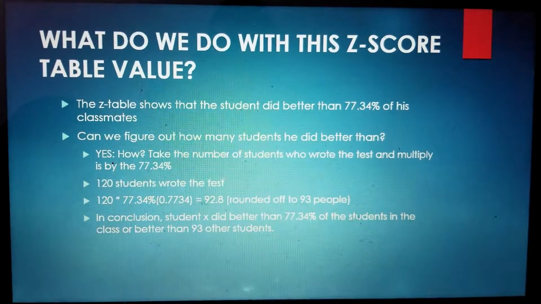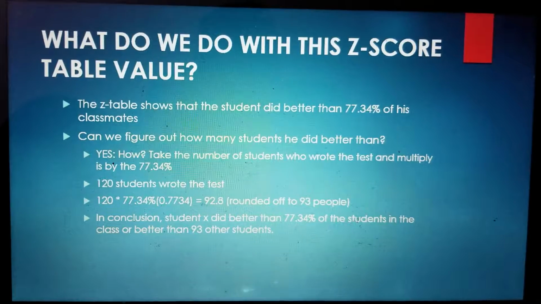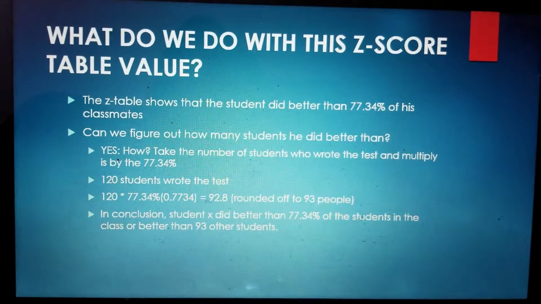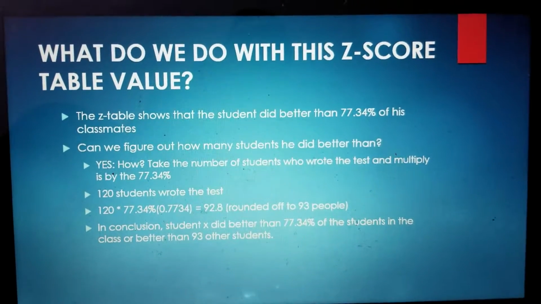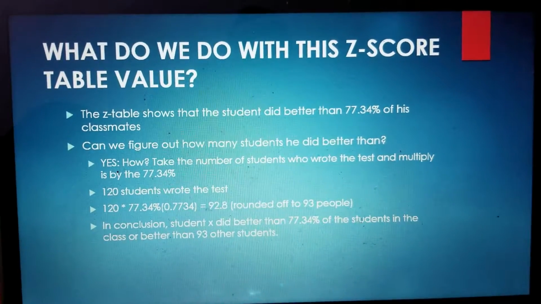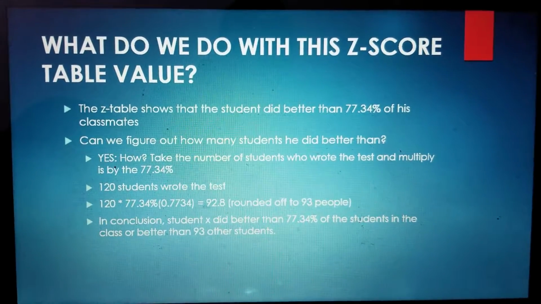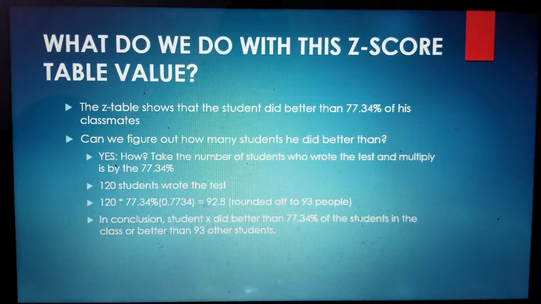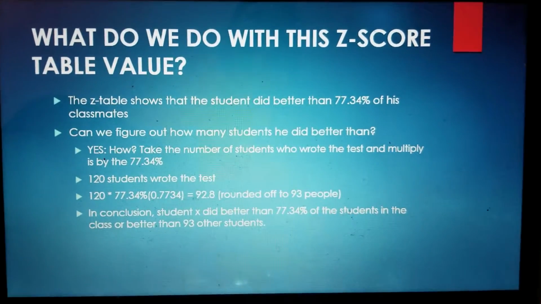So we take 120 and we times it by the 77.34%, which we have to convert over into a decimal, which takes us to 92.8, which is rounded off to 93 people. So with us using this Z-score, we are able to come to the conclusion that the student did better than 77.34% of the students in the class, or better yet, did better than 93 other students.